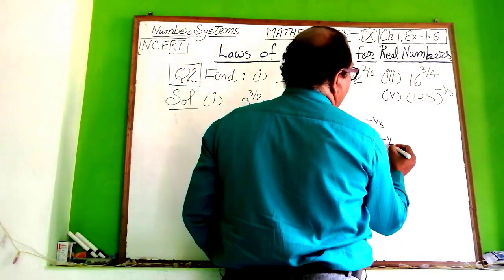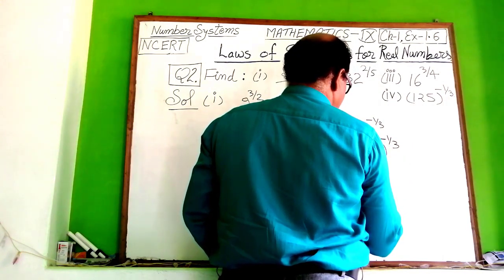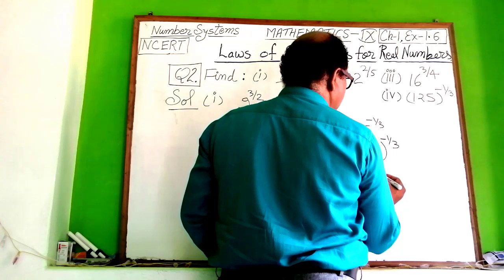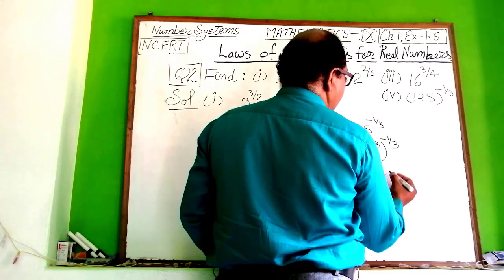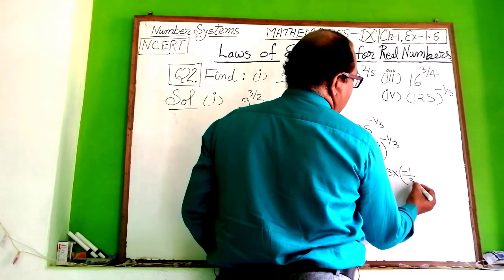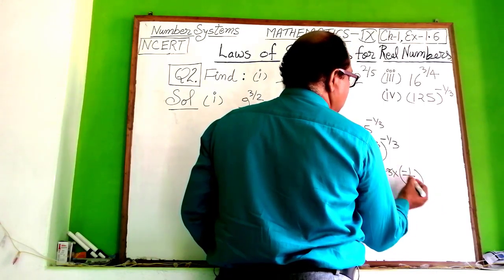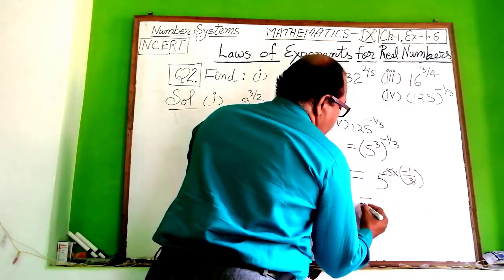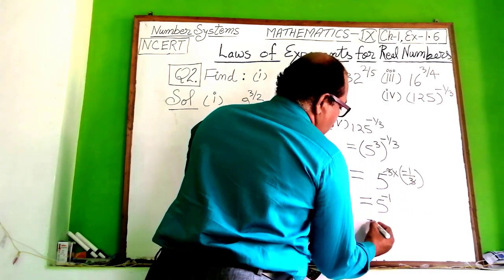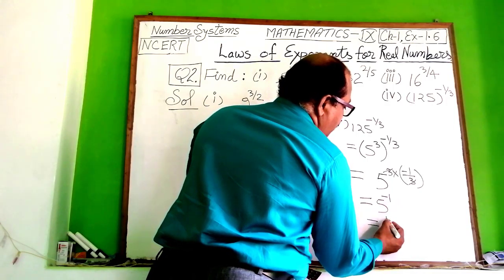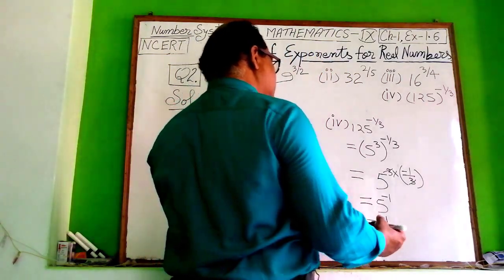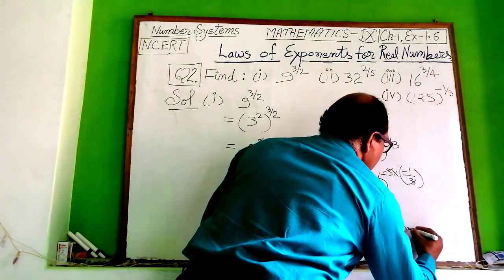So we can rewrite it. Now power raised to the power again, so we will multiply them: 5 cube into minus 1 upon 3. Again 3 cancels out, 5 raised to the power minus 1. You can write its answer by applying one more rule. So your answer is 1 upon 5.